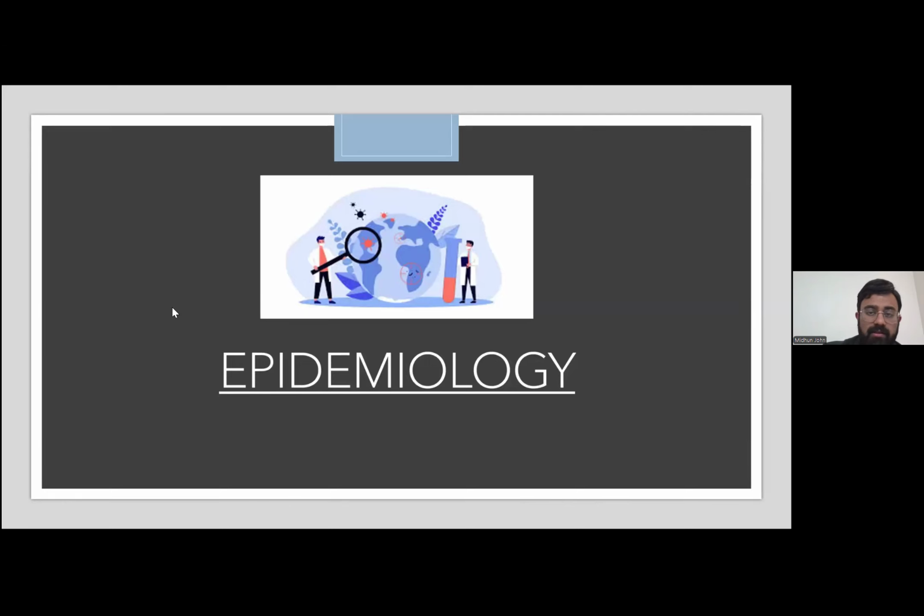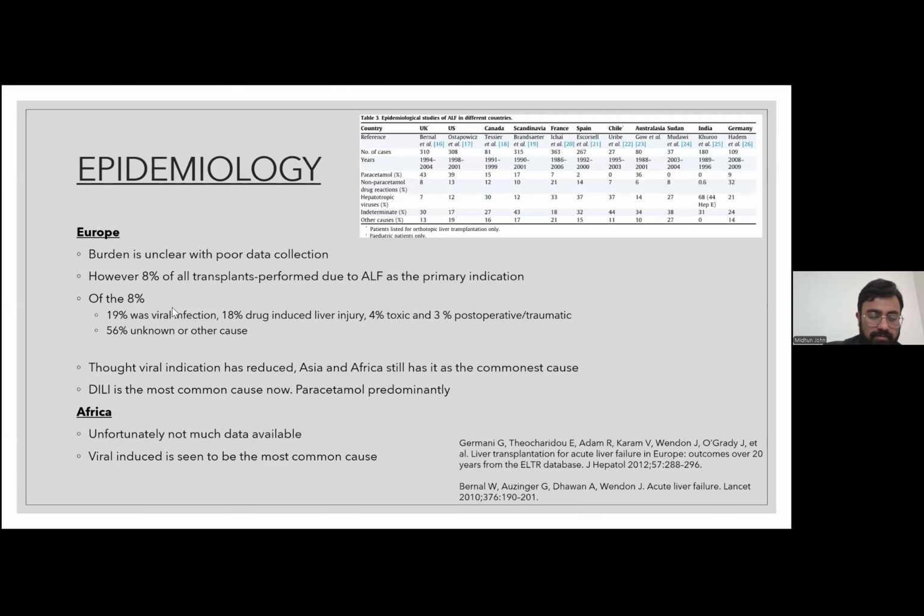However, in our world, in terms of literature, we are not quite good at collecting as much data as we would like to publish and to chat a lot about it. However, from what we have, we found from our European studies, they are struggling with the data collection.